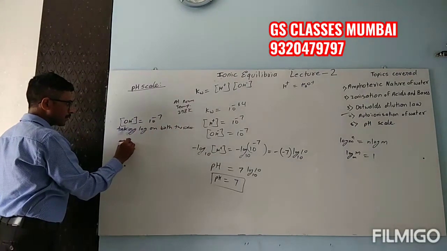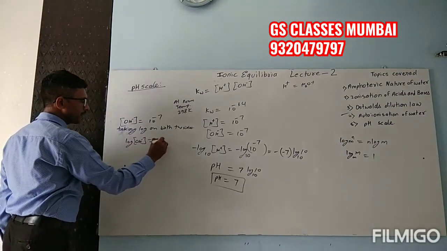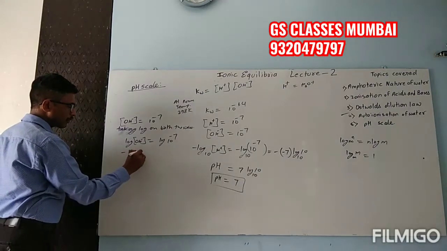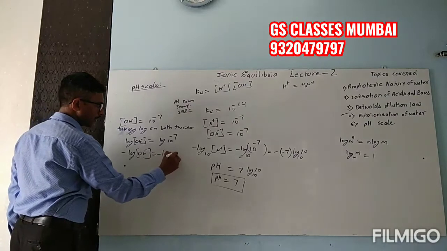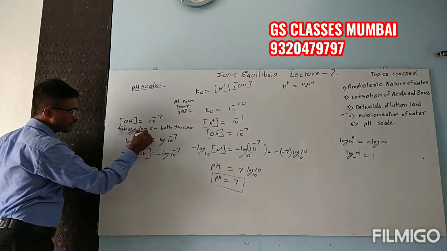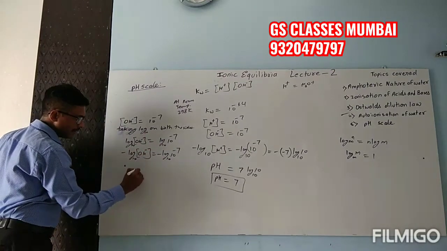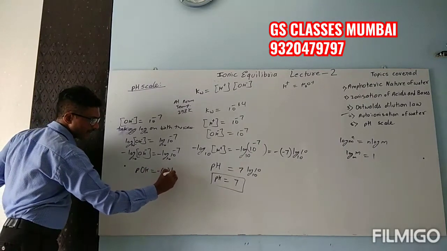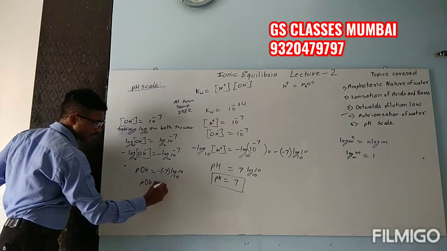It will become log hydroxide ion concentration, log 10 to the power minus 7. Take negative sign on both the sides, minus log 10 to the power minus 7, minus log and take the base to 10. This will be pOH. This value will be minus 7 log 10 to the base 10. pOH is going to be 7.